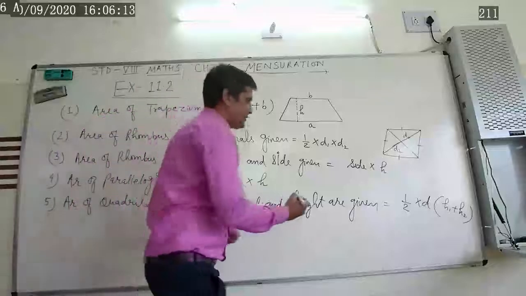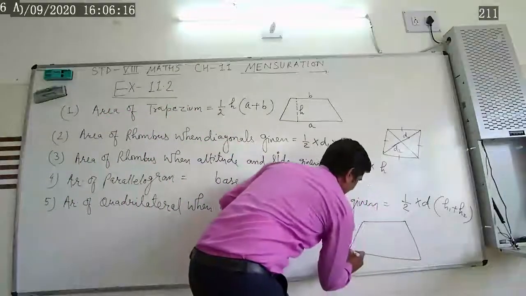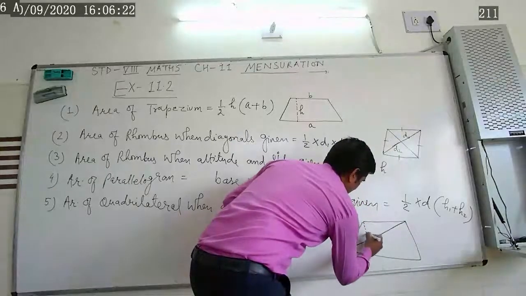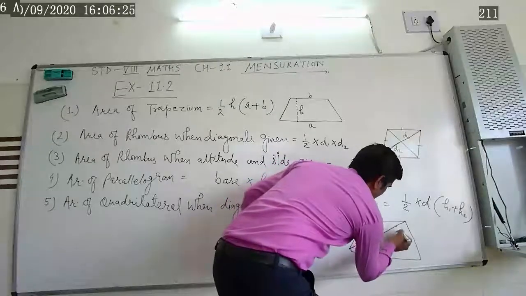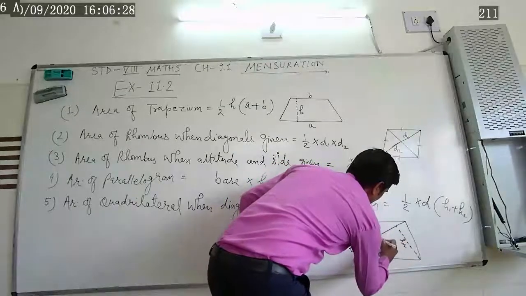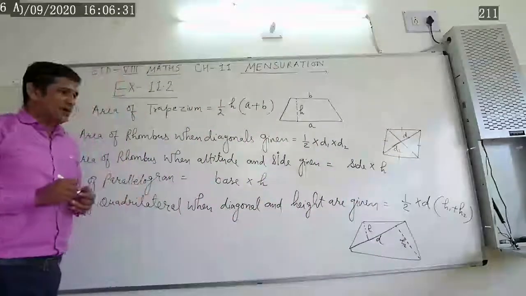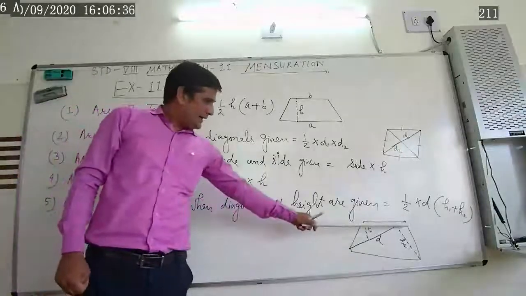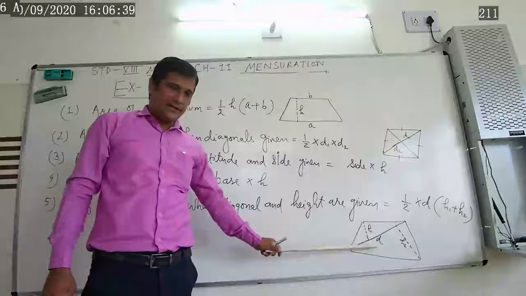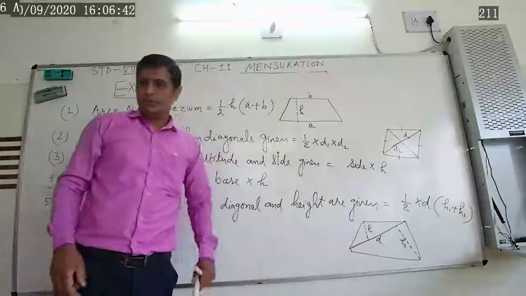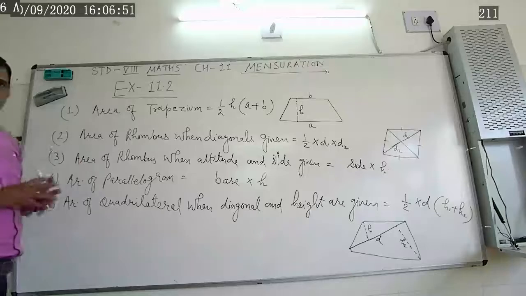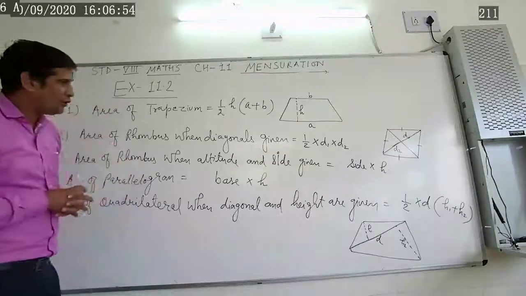The shape looks this way. You can say this is one kind of quadrilateral. This is diagonal number 1. Then this is H1 and this is H2 and this is the D value. The line joining the opposite vertices is the diagonal. So this way we can find the area of the quadrilateral also. These are the very important formulae, and we have to note down all of them.